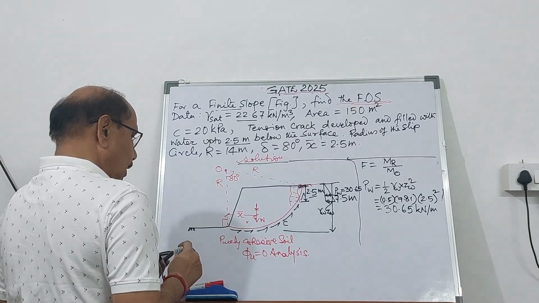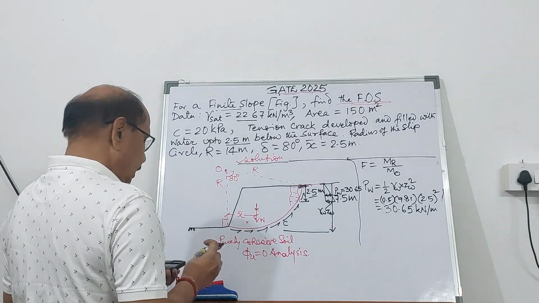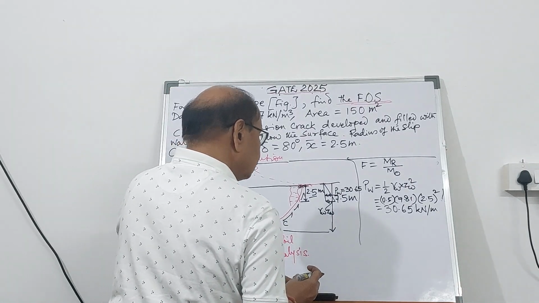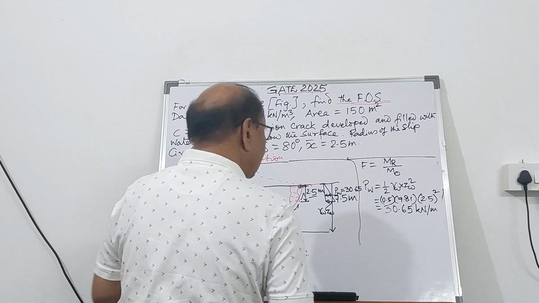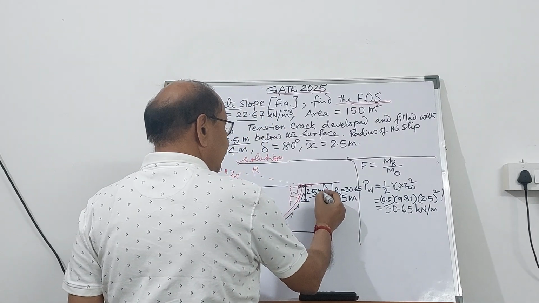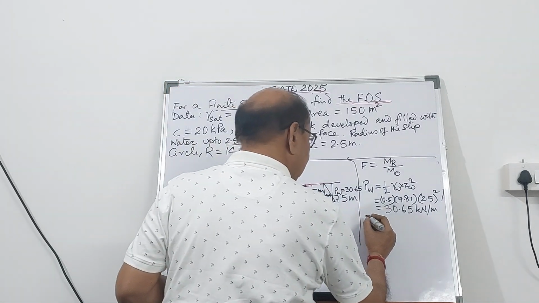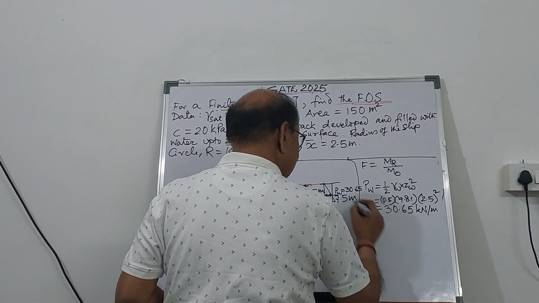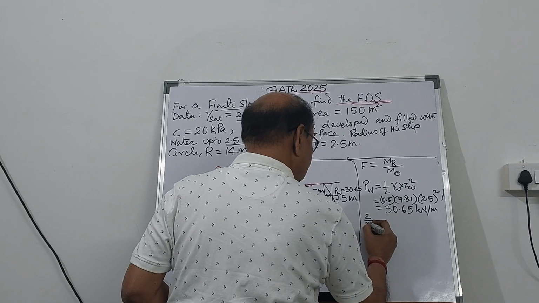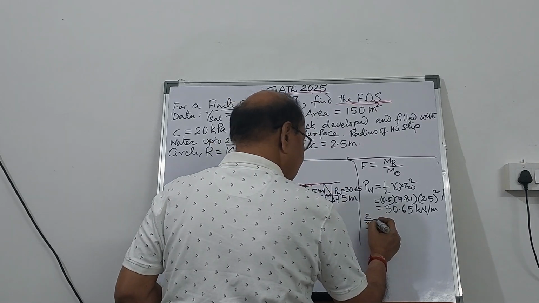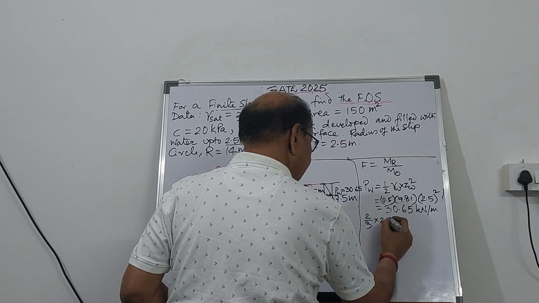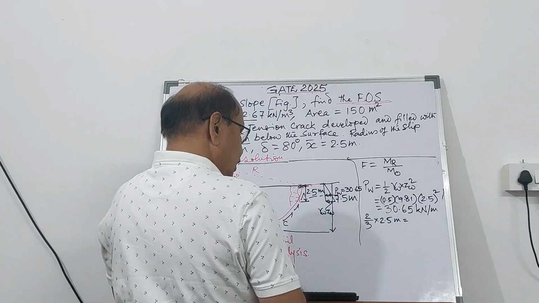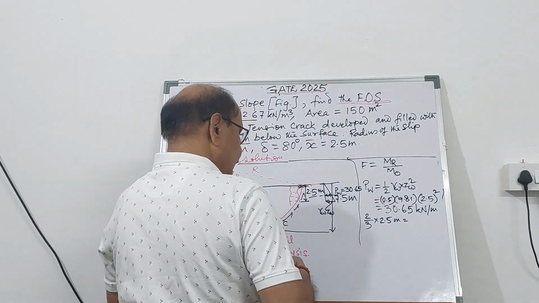Okay. Now, this will be acting, that you can find it out, at 1/3 from here. So it will be acting at 2/3 from here. So 2/3 from here of 2.5 meter. So it is going to be 5 by 3.